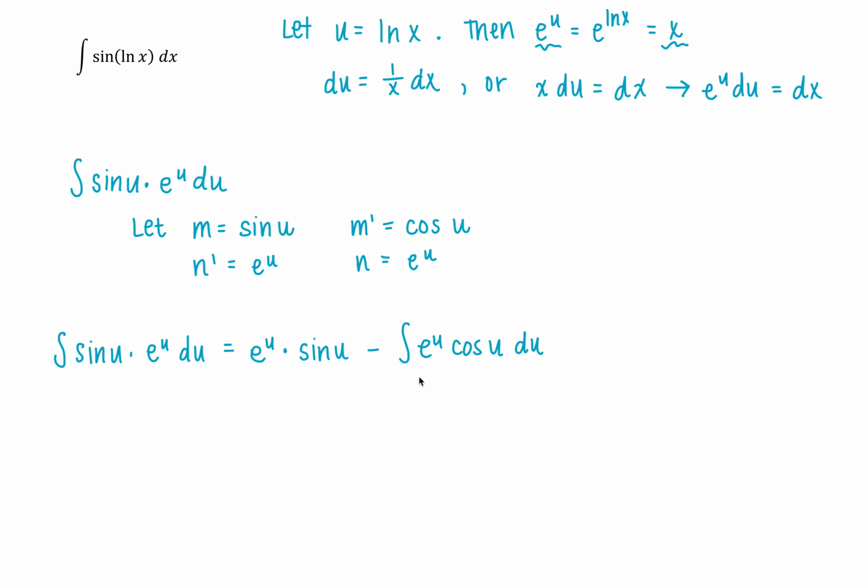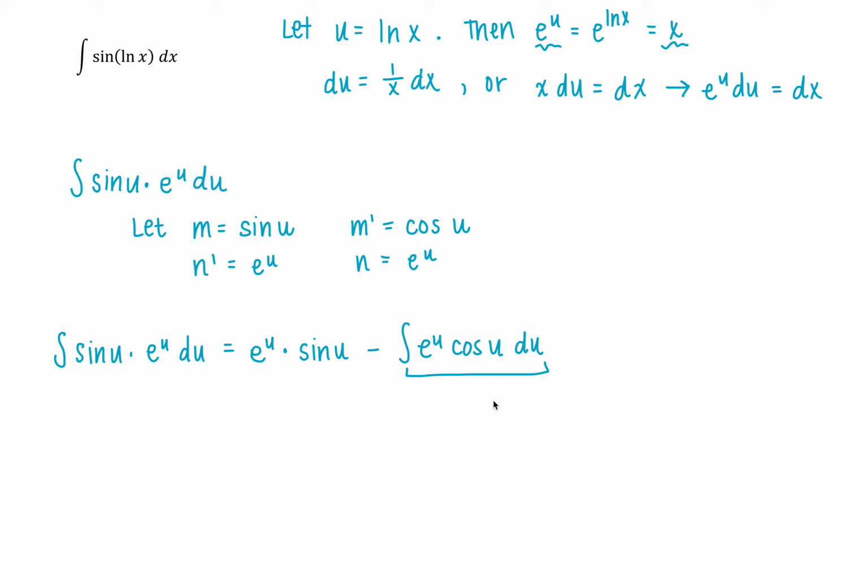Now, guess what? We're going to have to do integration by parts again. We're going to go down here and do integration by parts one more time. And it's going to look very similar to what I have here. I'll still use m and n, even though they're standing for different things this time. If you want to go back to u and v, that's fine.